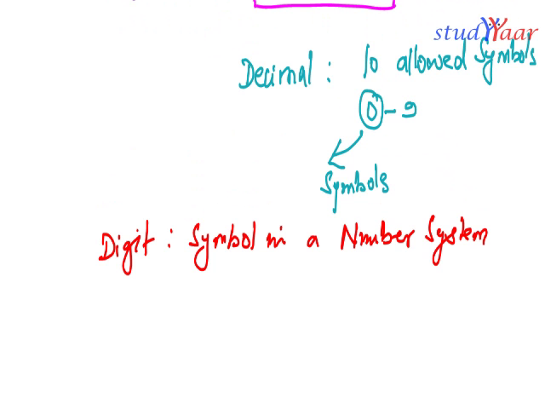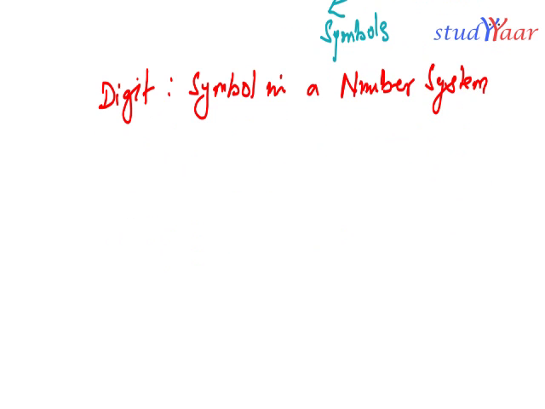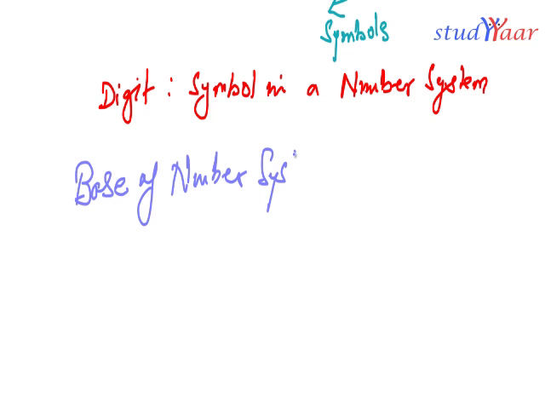And the number of allowed symbols is known as the base of the number system. The base of a number system is the number of allowed symbols.